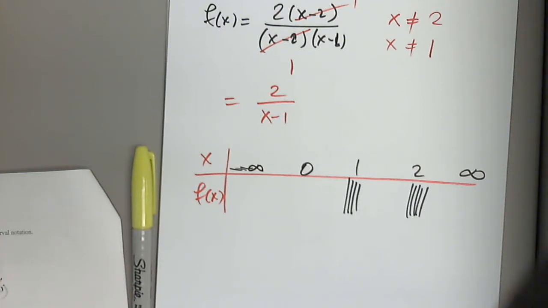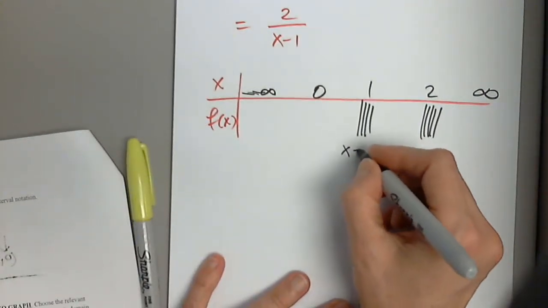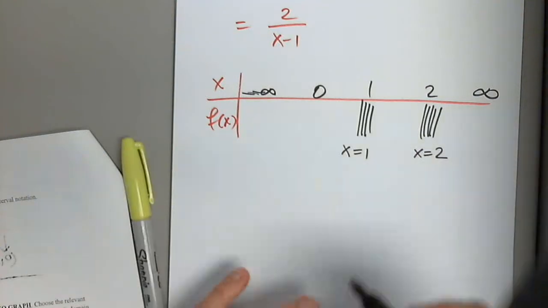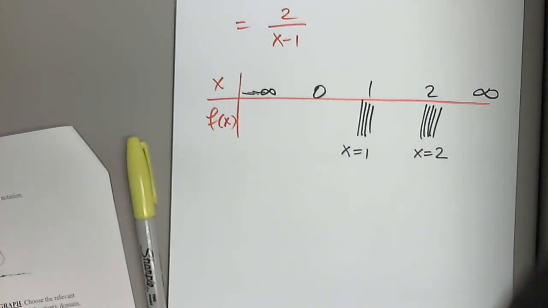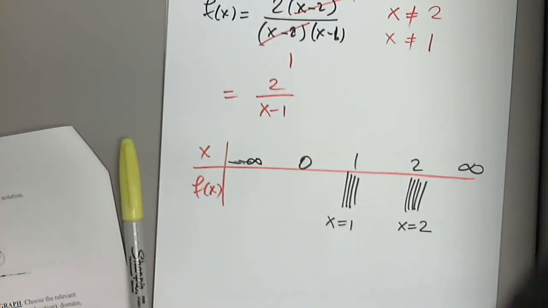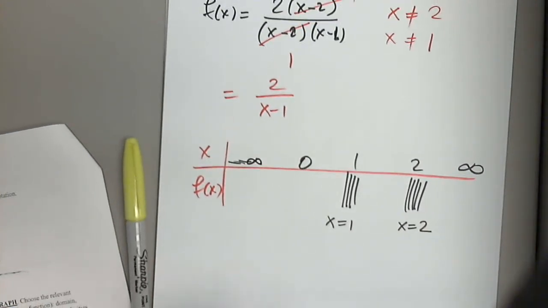Okay, so what happens at x equals 1? And what happens at x equals 2? So obviously there are two different things. One factor disappears and another one stays. So they cannot be the same. So what happens when the factor disappears? There's a hole.